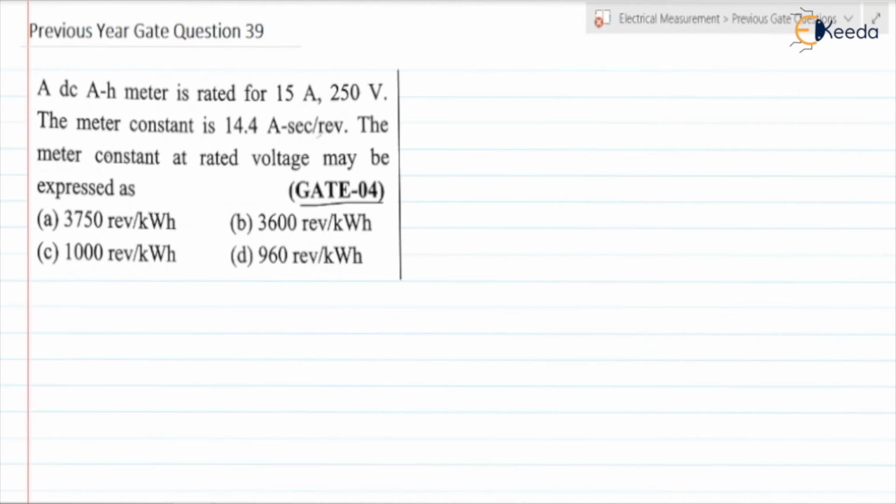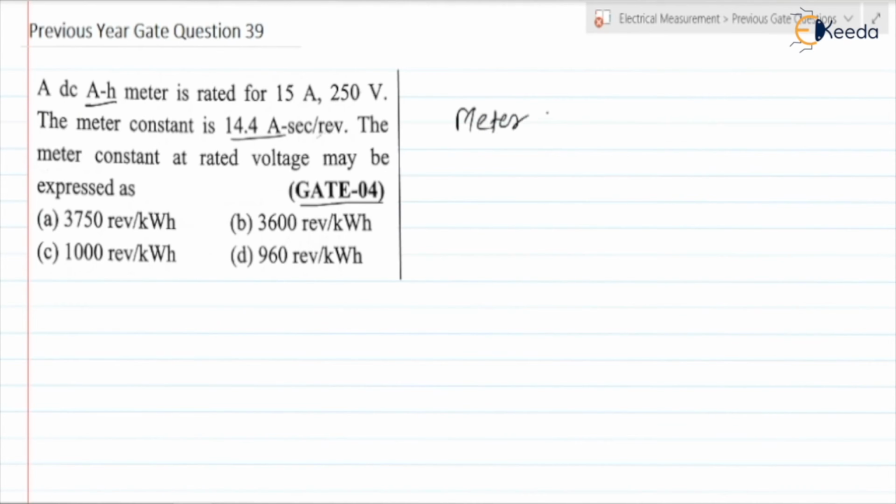So here we are having the ampere hour meter and its meter constant they have given in ampere second per revolution, but ultimately they have asked for the answer in terms of revolutions per kilowatt hour. So first thing is the meter constant.